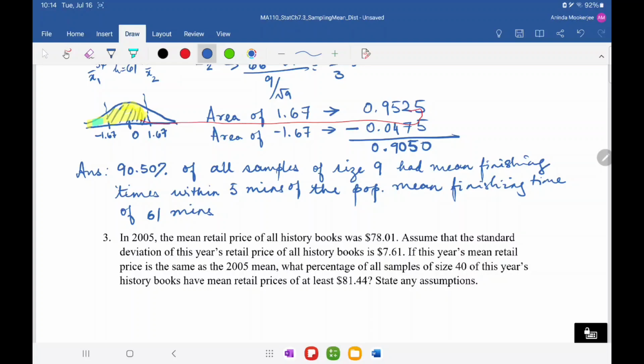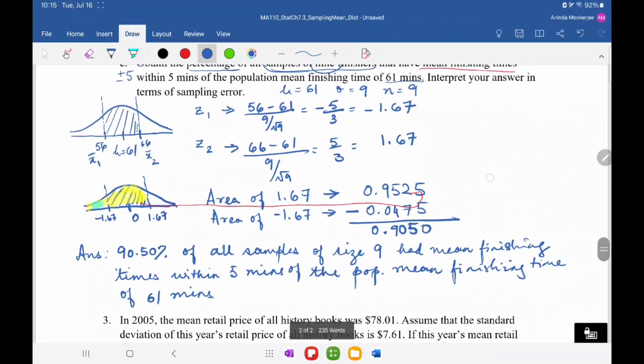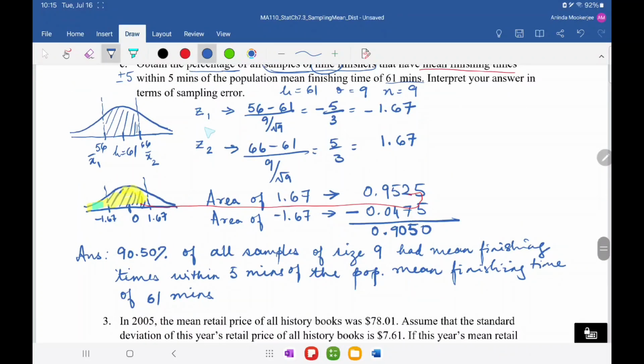You are going to use the same steps that you used in the previous chapter to find areas under the curve for certain values, certain observations. But here, the only difference is we are using a different formula for the z values because we are not working with individual observations.